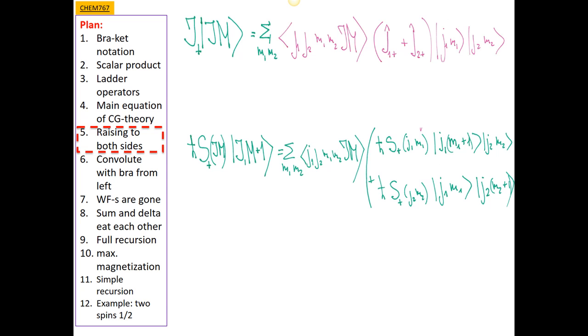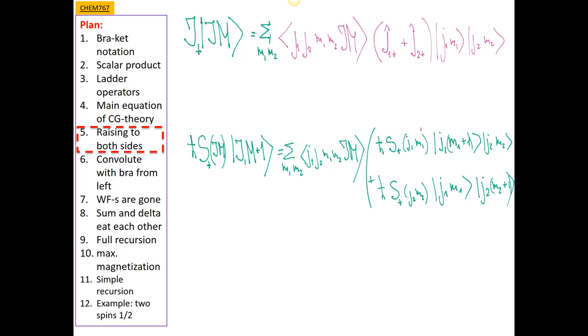I will write something quickly and then erase it, so you may just wait to save space in your notes. I can put J plus here, but we are going to act on the ket vectors corresponding to the lower rank systems, J1 M1 and J2 M2.